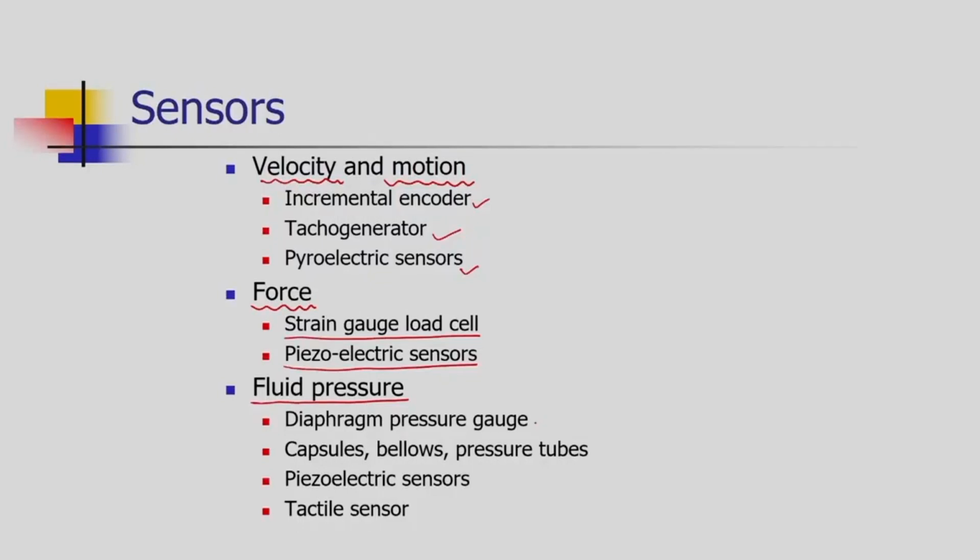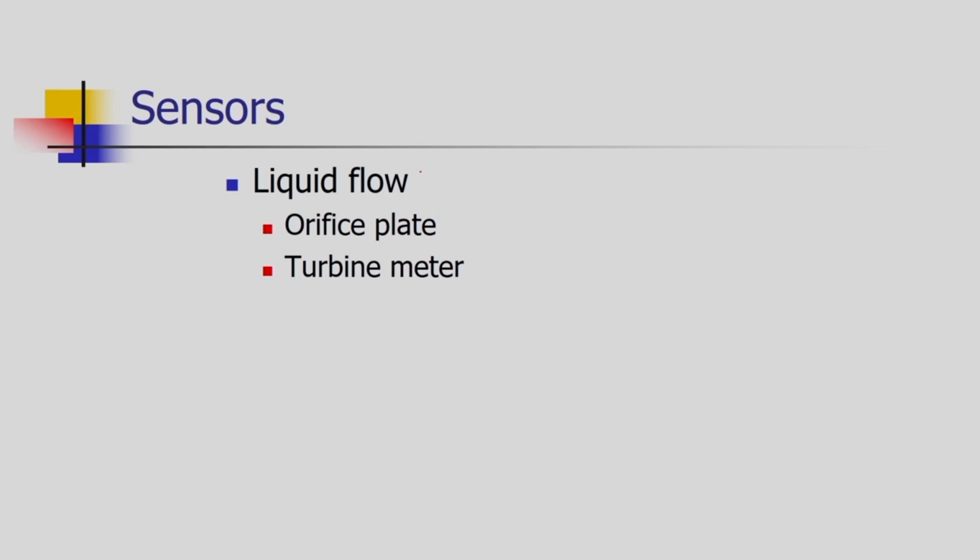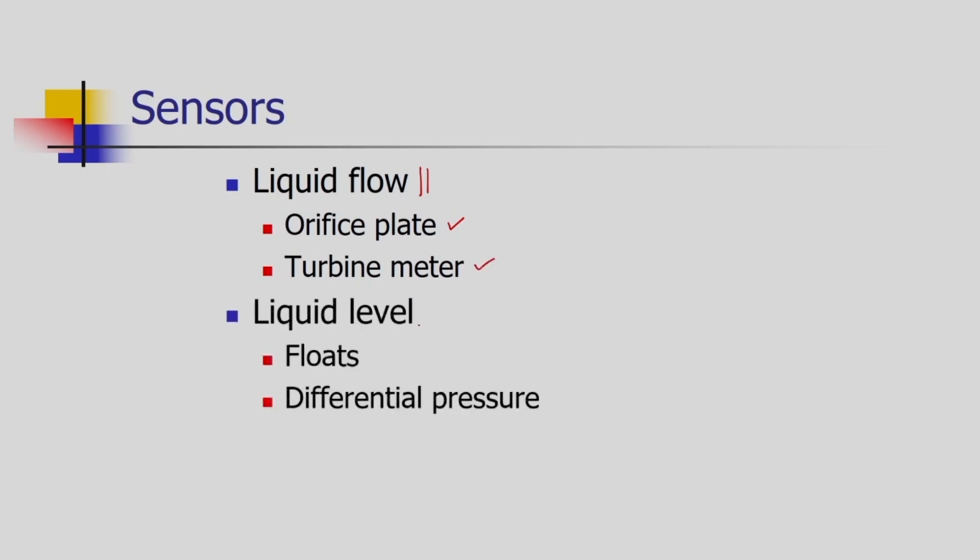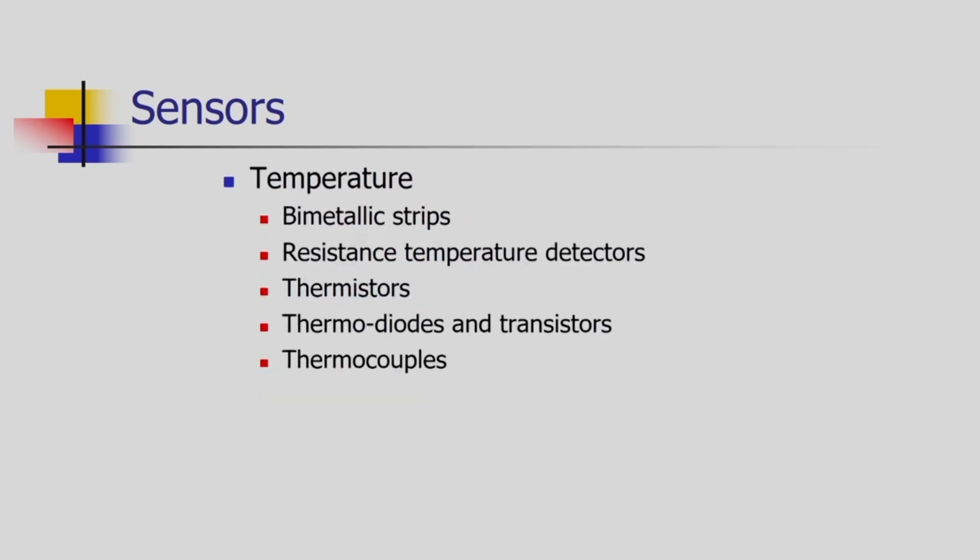For that purpose various sensors are used: diaphragm pressure gauge, capsules, bellows and pressure tubes, piezoelectric sensors and tactile sensors. Then the flow of the liquid. To measure the flow of liquid, orifice plate and turbine meter are used. To sense the level of the liquid, floats and differential pressure gauges are used.